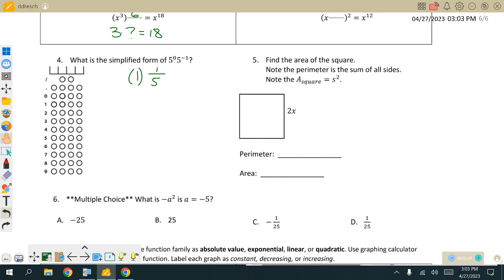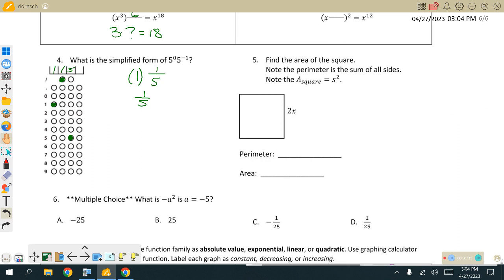But this is where we bring in our skills of PSAT. That's our fraction bar, 1 fraction bar 5. All right? Just fine bubbling that in. 1/5. All right?